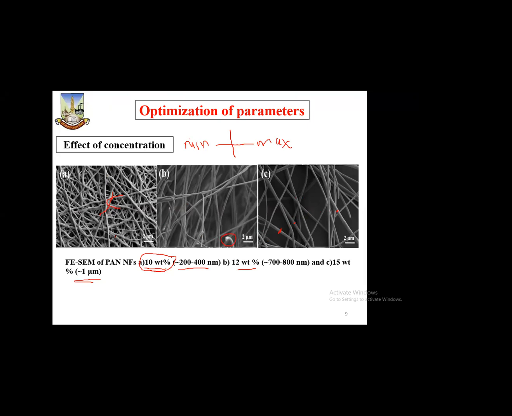Everywhere you will get a uniformly dispersed nanofiber. Length wise, it is in centimeters or millimeters, but diameter wise, it is in the nano range. Therefore, it is called a nanofiber.